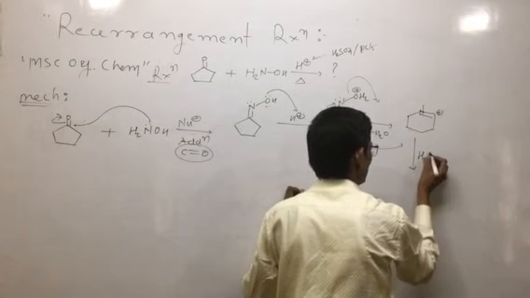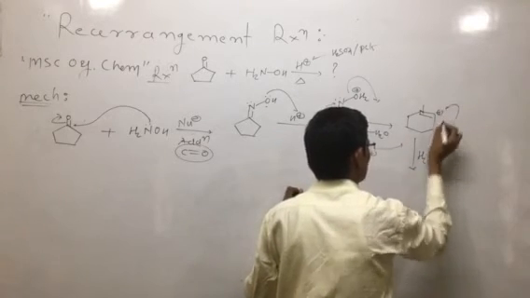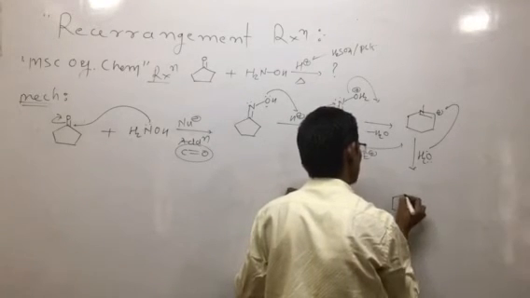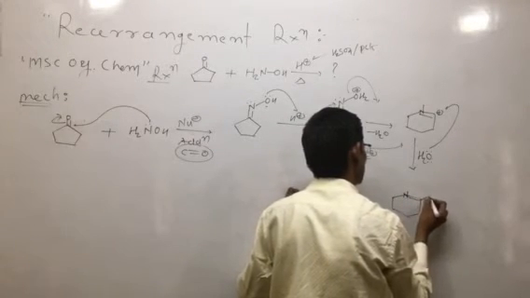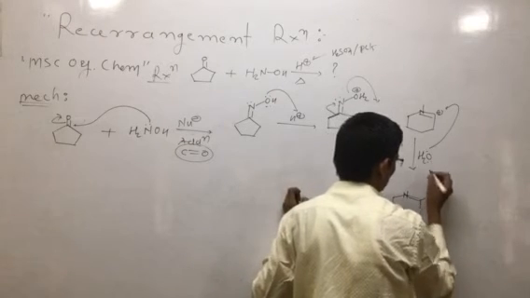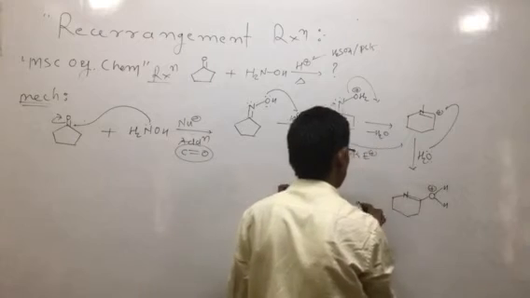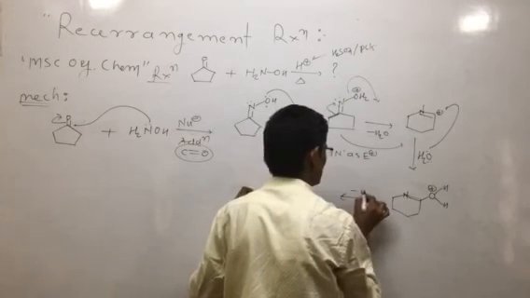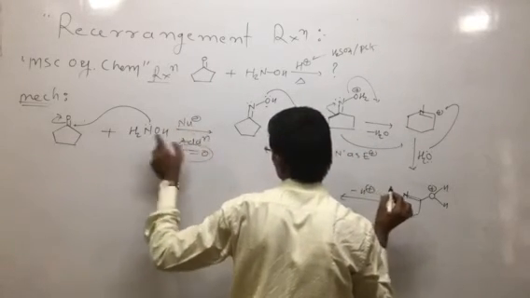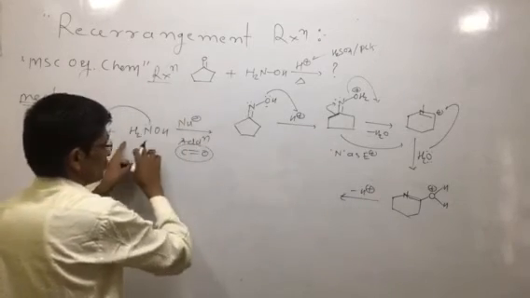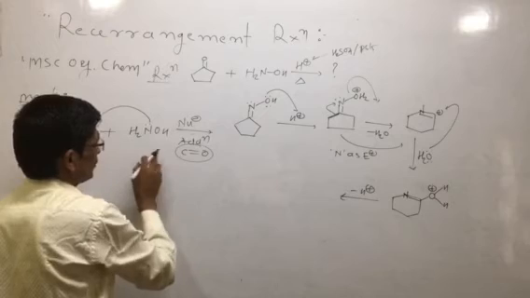In the next step, water is added: the electrophilic carbon takes the electron pair from the oxygen of water, and this oxygen carries the positive charge. Then the last step is loss of H+.